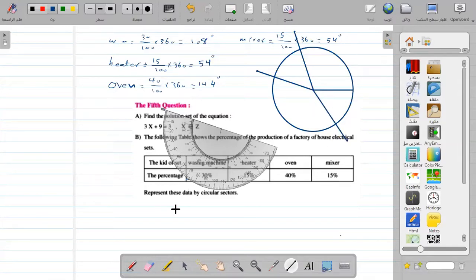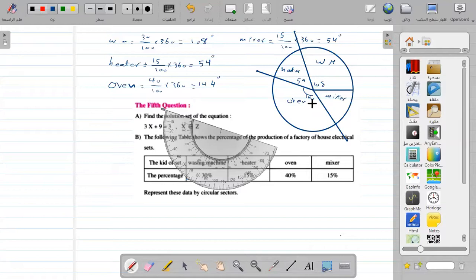Okay. Now we have finished. You can write the names. This is the washing machine, with 108 degrees as its angle. This is the heater with 54. This is the oven with 144 degrees, and the last one is the mixer.